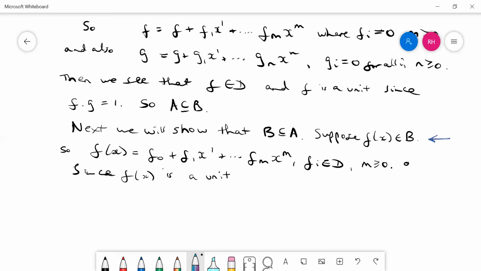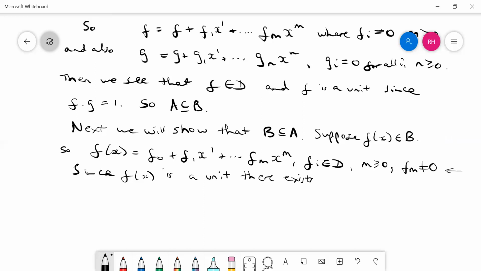What I'm going to do here is say that Fm cannot equal 0. I'm expressing this as a polynomial of degree m, so it's important that Fm is not equal to 0.